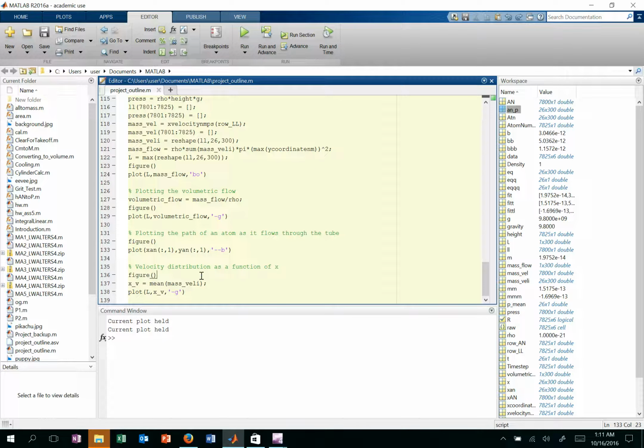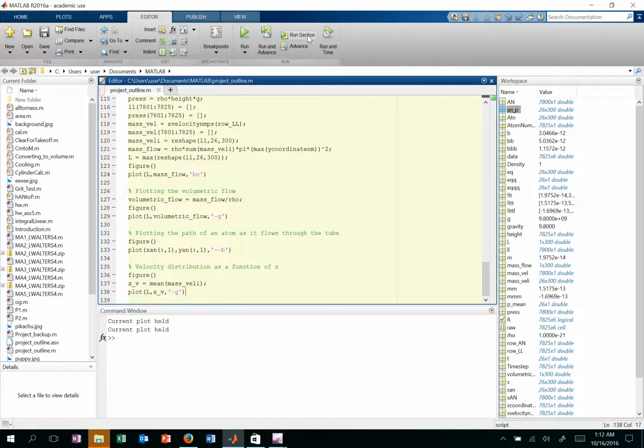And we can also find velocity distribution as a function of x. We do this by finding the mean velocity, which would take the average velocity from each row, so that would take the average velocity in 26 intervals, and this would coincide with L, which is the length of the tube divided into 26 intervals.